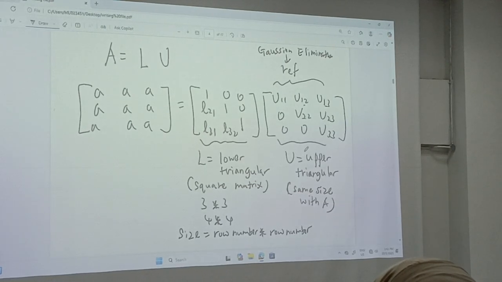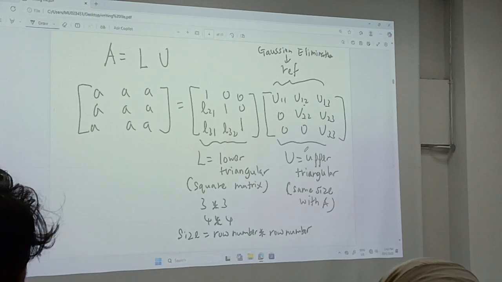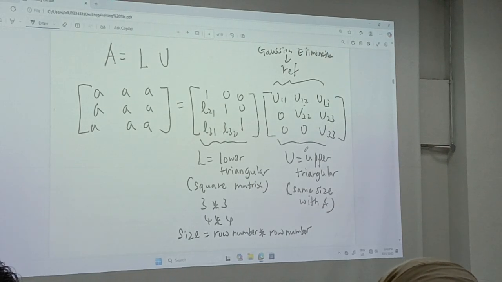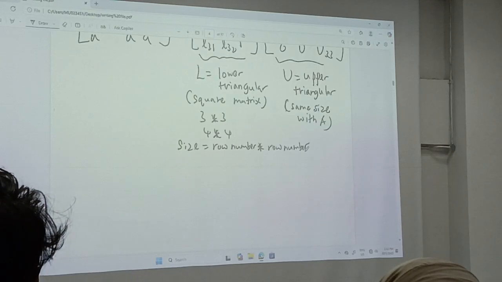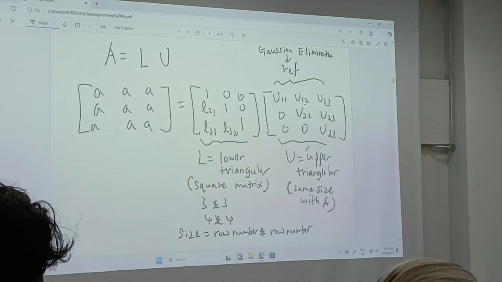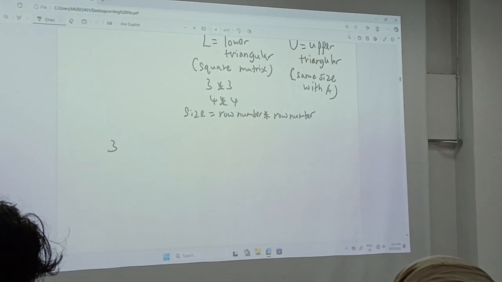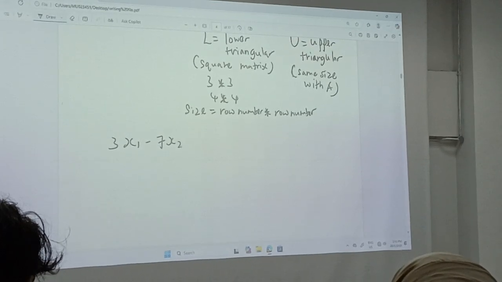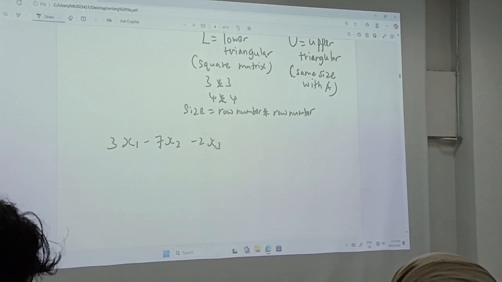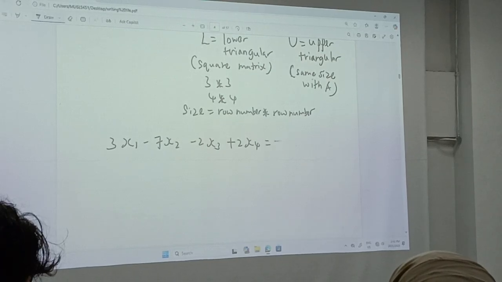So let's take one example. So this is a system of linear equations. Let's see how to solve it by using LU factorization.